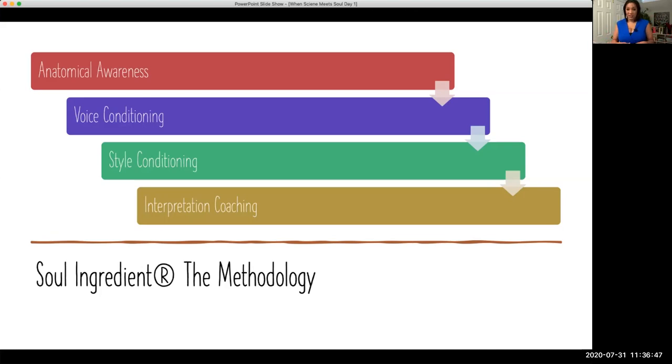Style conditioning is getting my voice ready to do those activities that are necessary for that specific genre or that specific activity. So dribbling drills for basketball are going to be a lot different than dribbling drills for soccer or football, American football, right?